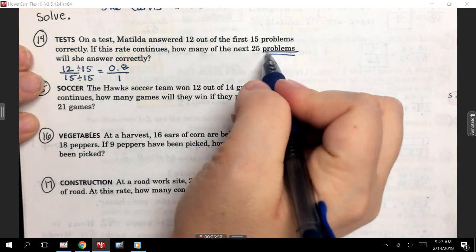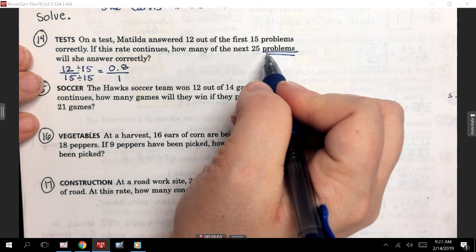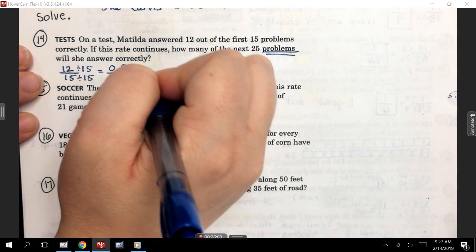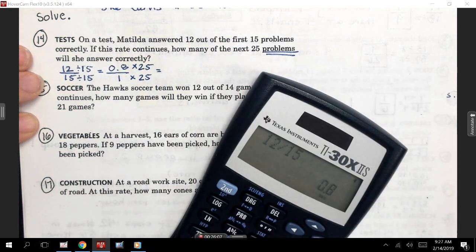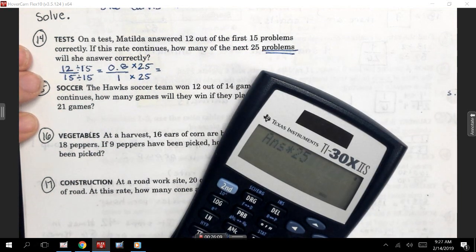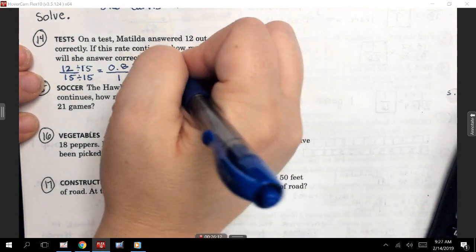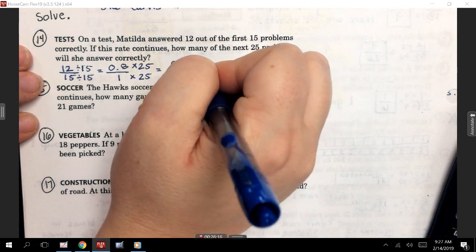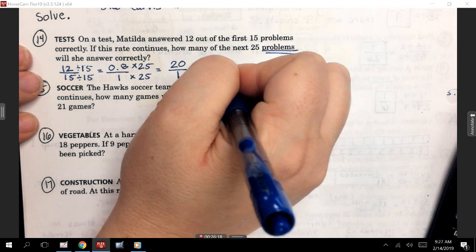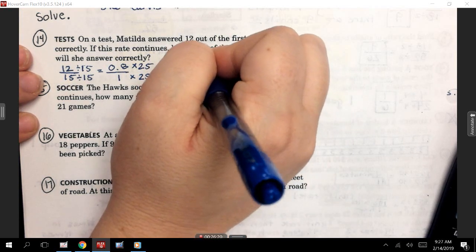over 1. I'm wanting to change my problems to 25, so then I do my times 25, times 25. When I multiply that, that's going to give me 20 over 1. That's the number of problems. That's the ones correct.